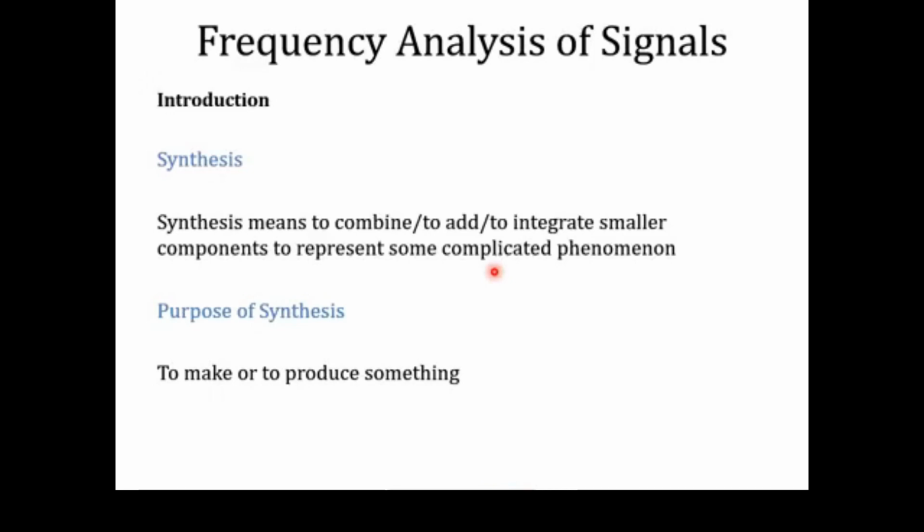In order to explain the idea of synthesis process, here I would like to present two examples in order to gain a better understanding of it. The first example which I have selected is from chemistry. If you can recall, we studied synthesis reactions in chemistry. What are synthesis reactions?